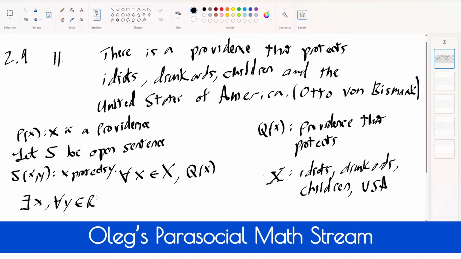Okay, R, I see that R is a union set. Okay, I'm just going to finish writing this first. I forgot to write the union set. And S of X and Y. Okay, so basically R is the union set of idiots, drunkards, children. So R is going to be this right here.